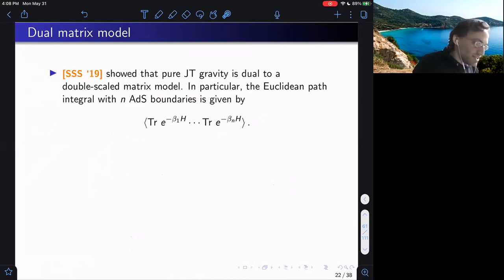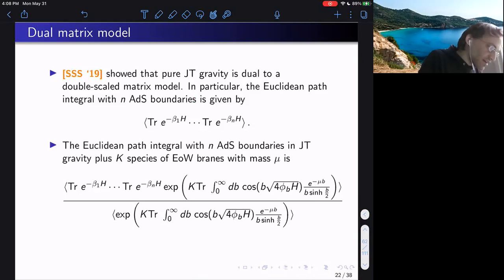It's just an expectation value in the matrix model ensemble of a product of partition functions where H is the matrix. I claim that this formula that I've written here will compute the Euclidean path integral with n AdS boundaries and k species of end of the world branes with mass mu, summed over all the species of end of the world branes.